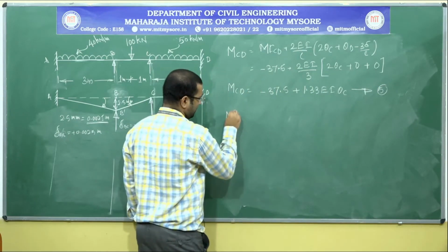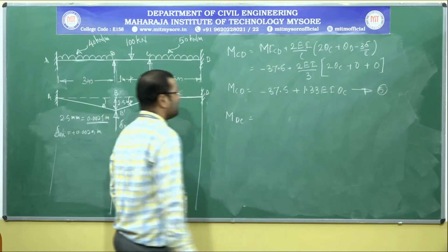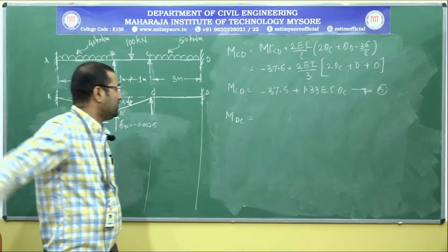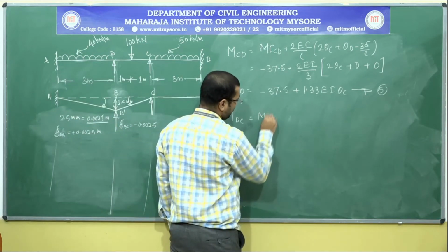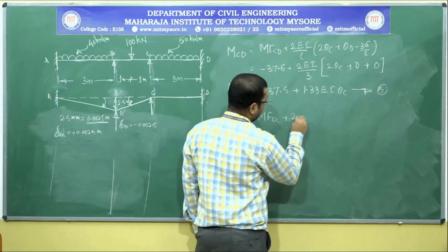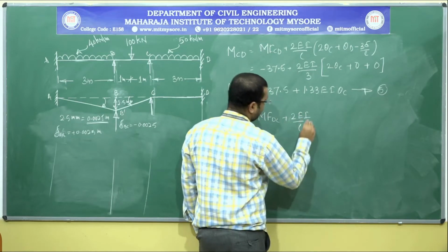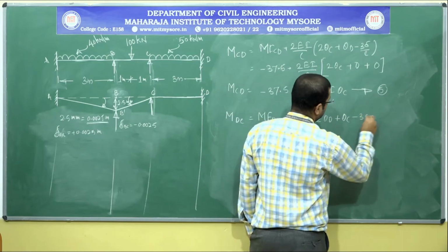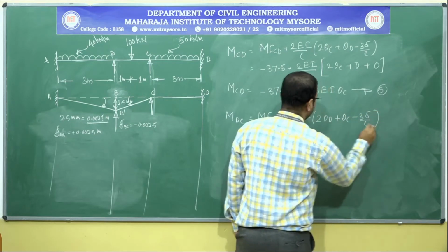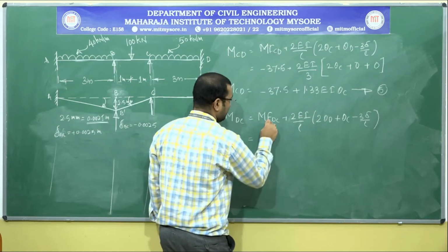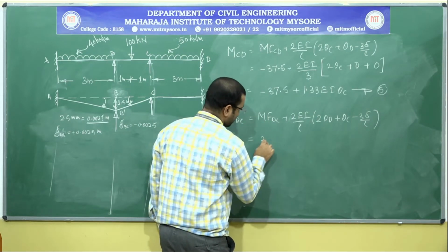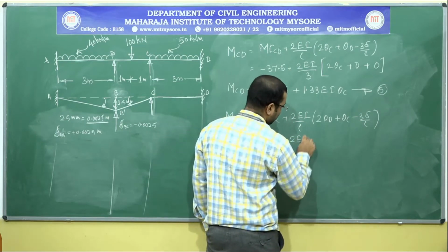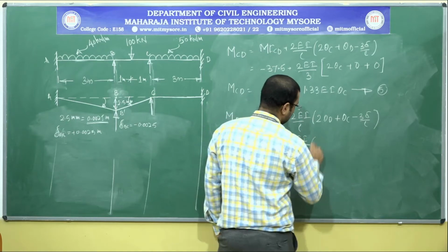And lastly, we have to write the equation for determining the end moment at D, that is MDC is equal to MFDC plus 2EI by L into 2 theta D plus theta C minus 3 delta by L. So here MFDC as per step 1 calculation is 37.5 plus 2EI by L, L is 3 meter.